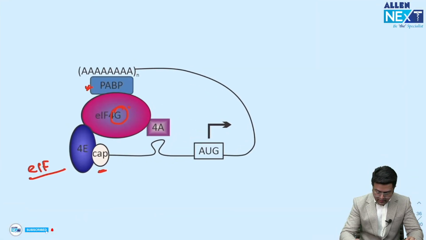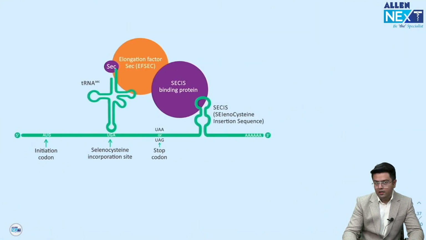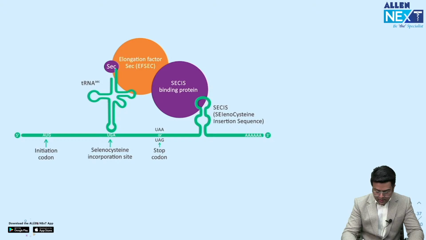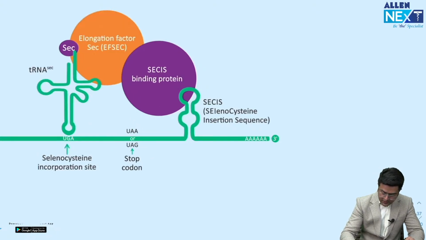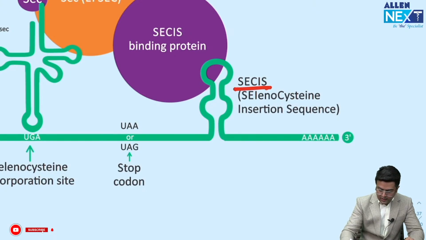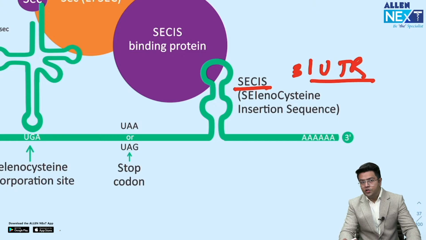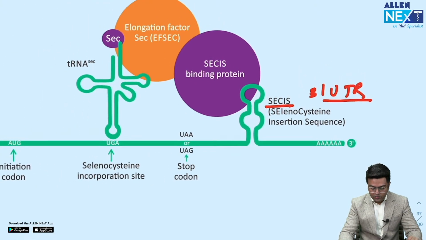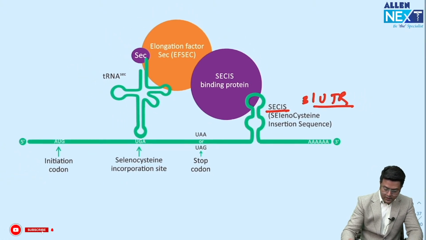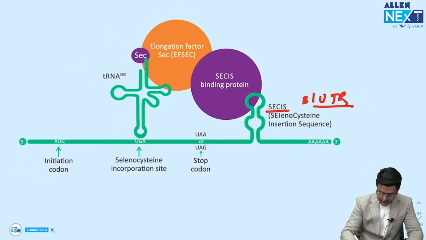Fine. And let me tell you again regarding the selenocysteine mRNA. A selenocysteine mRNA has something called the selenocysteine insertion segment that is present in the 3' UTR, untranslated region of the mRNA. Okay, guys, so there it is present. Fine. And see, guys, this is a UGA which is a stop codon, but this UGA is not a stop codon.